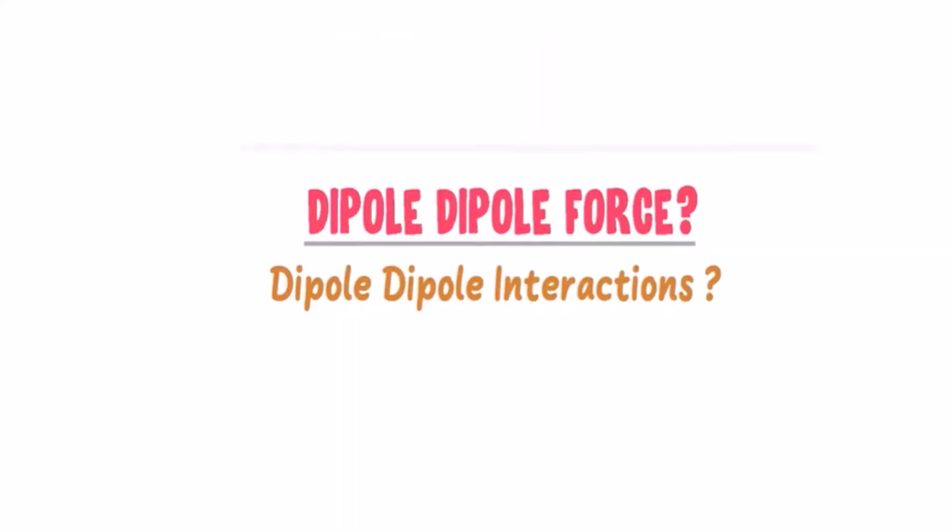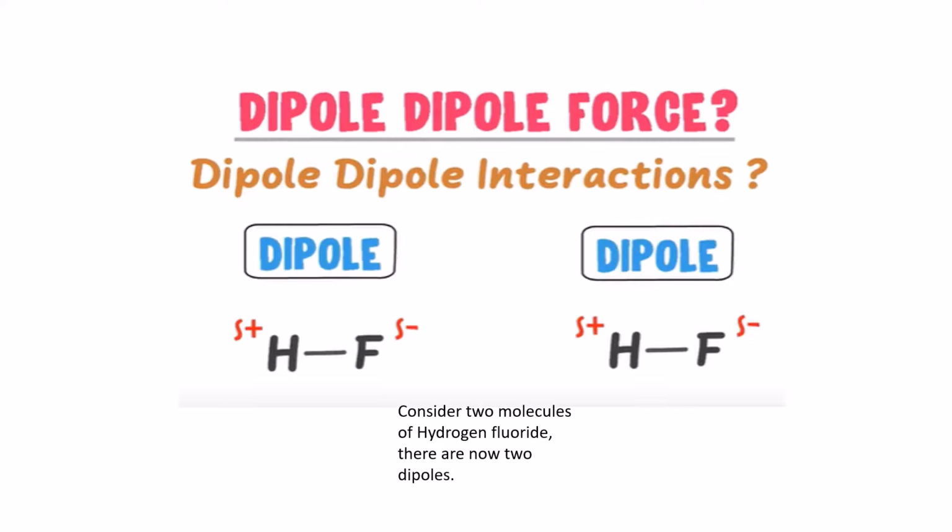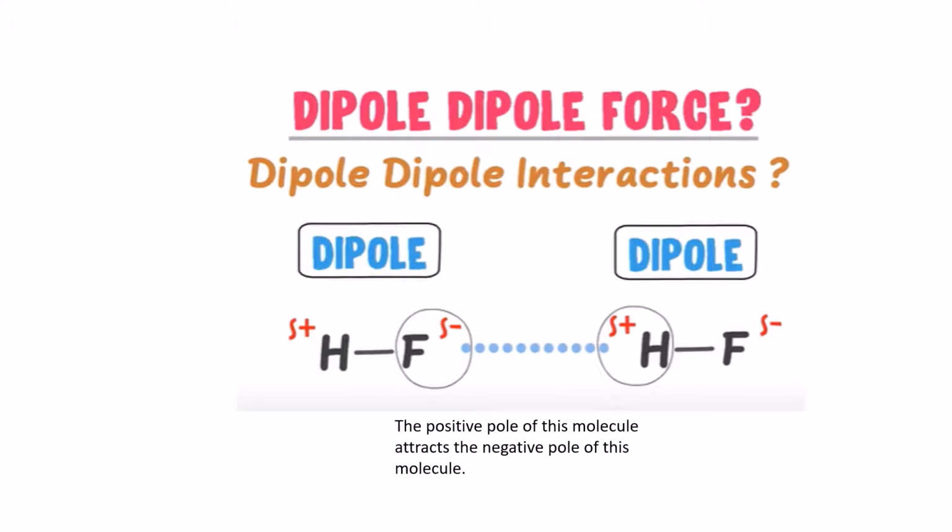How about dipole-dipole force and dipole-dipole interactions? Consider two molecules of hydrogen fluoride. There are now two dipoles. The positive pole of this molecule attracts the negative pole of this molecule.